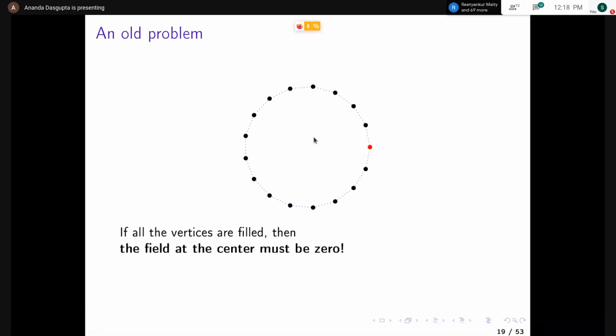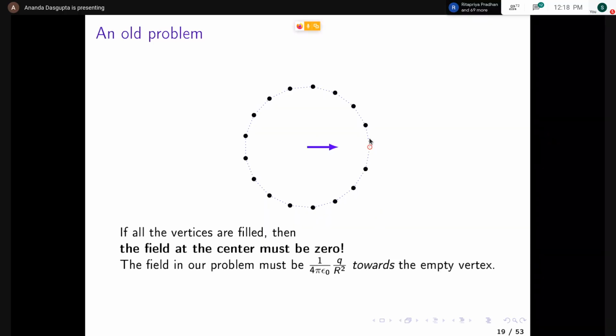The field due to the 16 charges must be opposite to the field due to this one charge. So it must be 1 over 4 pi epsilon 0 q by r square, directed towards the empty vertex. The field due to the charge here would have been directed away from it. Since that field plus the field of the 16 gave you 0, the field of the 16 must be just this magnitude directed towards the empty vertex. So that was the problem in Griffiths.